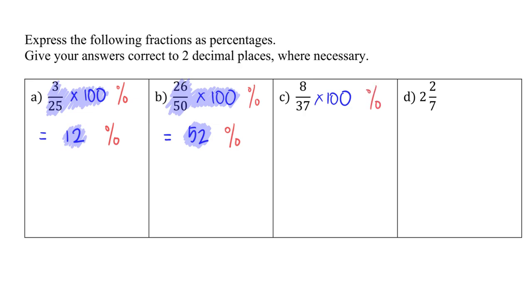so in this case, this will be equal to 21.62 to 5 significant figures, and finally 21.62%.